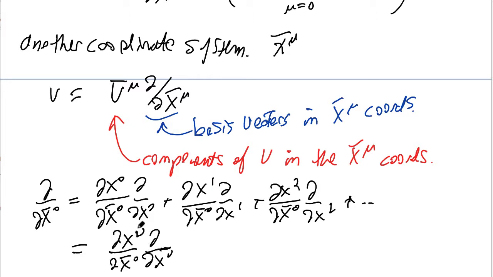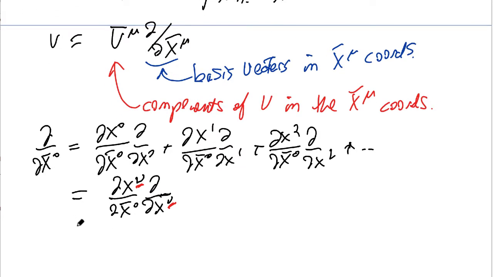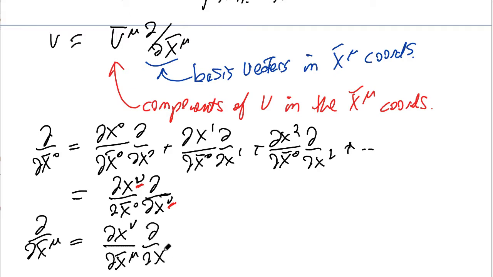And remember, by the Einstein summation convention, this Greek letter nu is repeated, so it's being summed over. And that's the sum we see here, the first three terms of that sum. So more generally, we can write d by dx bar mu as partial of x^nu with respect to x bar mu, d by dx^nu, where we're summing over nu, the repeated index. And again, this is just the chain rule.